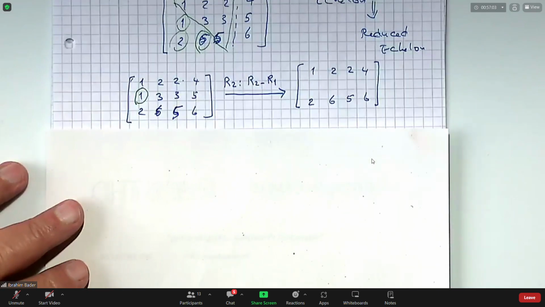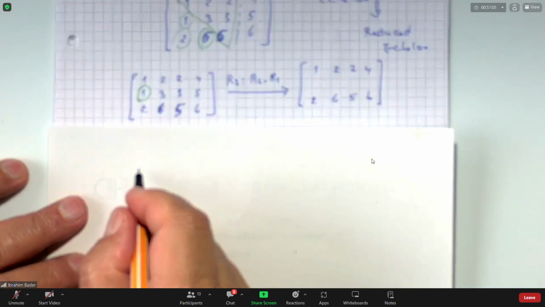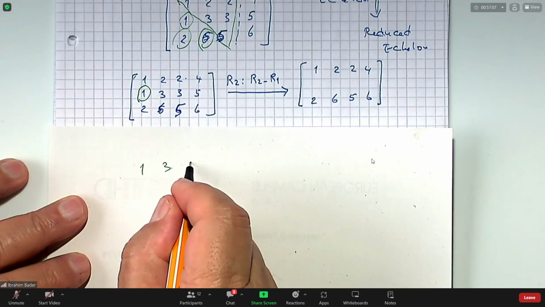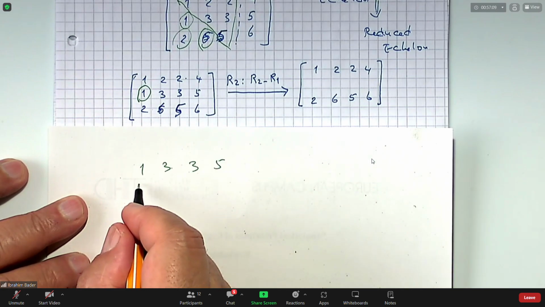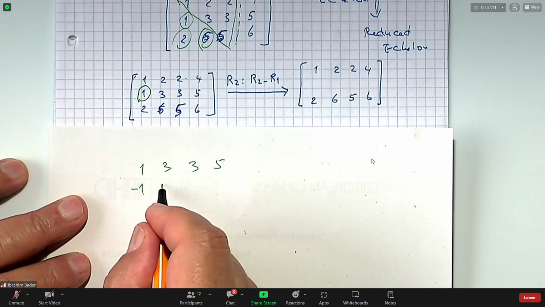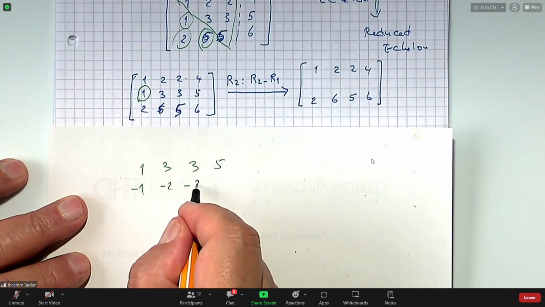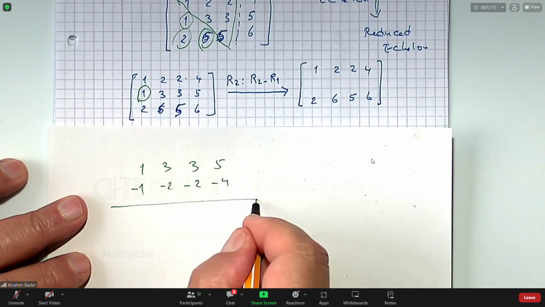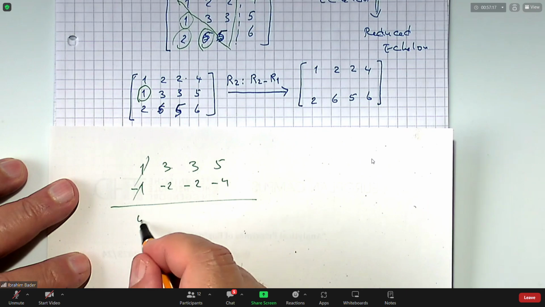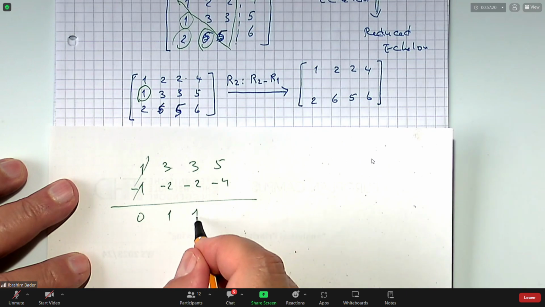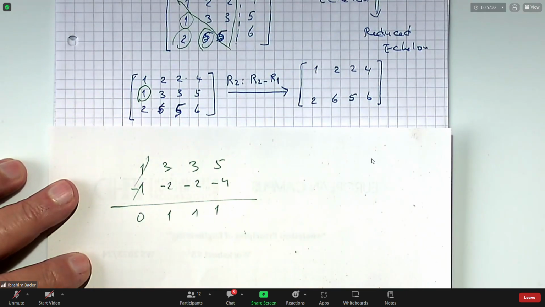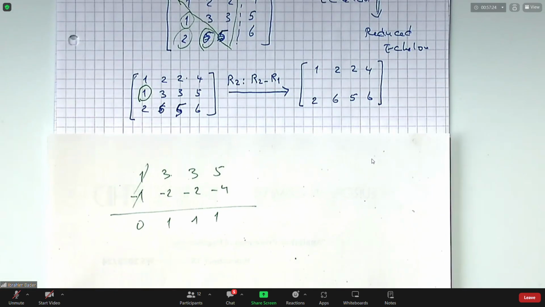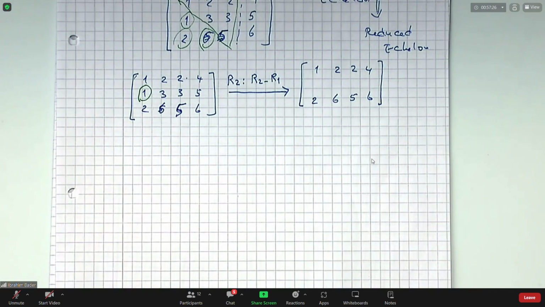So what will I have? R2 is 1, 3, 3, 5 minus 1, 2, 2, 4. I'm subtracting. So here I got 0, 1, 1, 1. Okay, so I got 0, 1, 1, 1. This is my second row here.